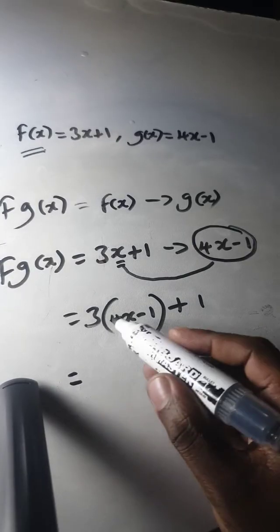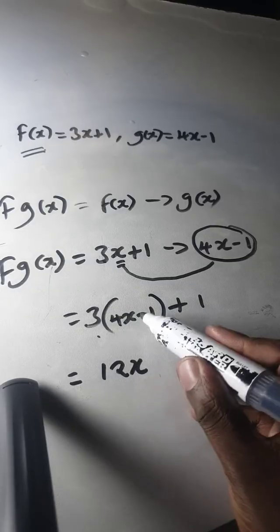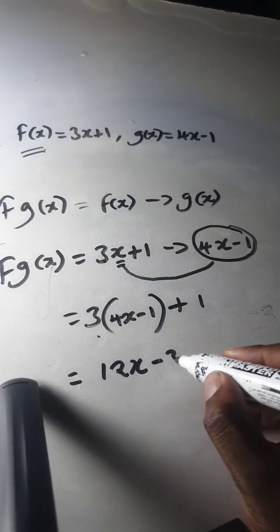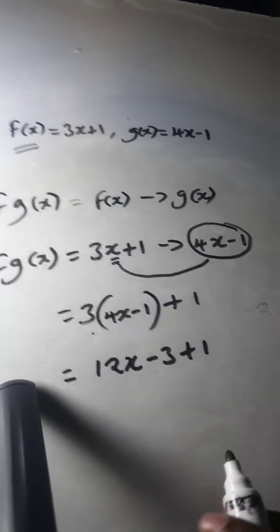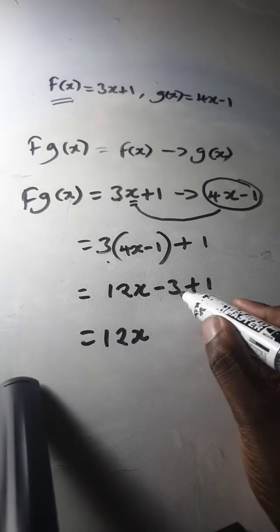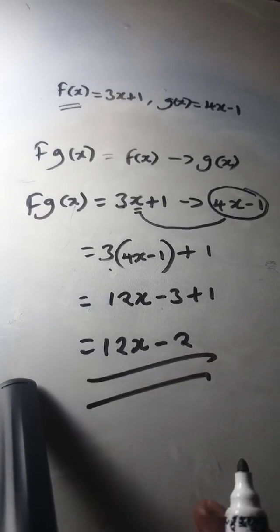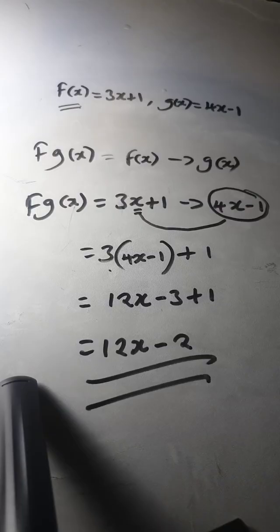Then we expand: 3 times 4x is 12x, 3 times negative 1 is negative 3, plus 1. So 12x, and negative 3 plus 1 is negative 2. Finito. Ladies and gentlemen, that's how you find composite functions. Always replace where there is x with the second function. And that's how we answer such questions.